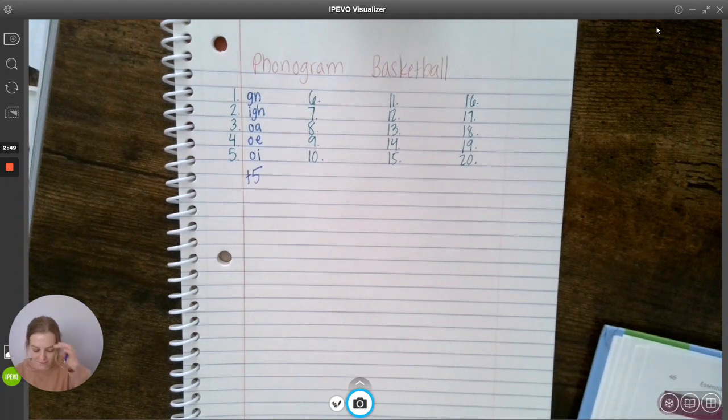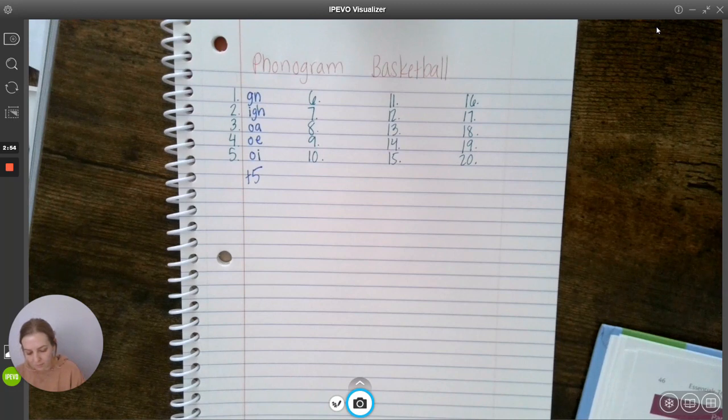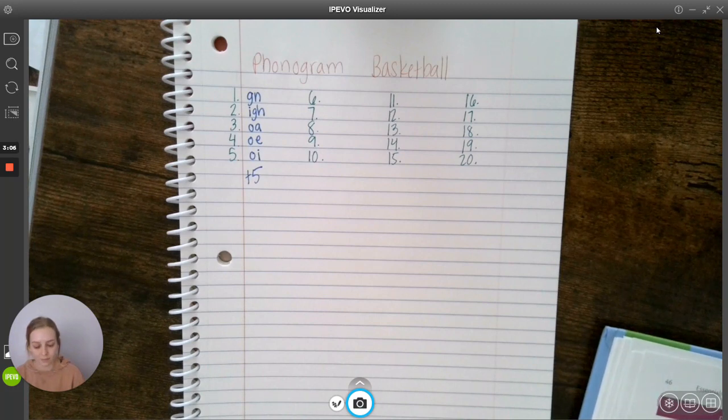All right, let's do the next 5. Number 6. Ow, o, that may be used at the end of English words. Number 7, ch, 3-letter ch. Number 8, oo, 2-letter oo, that may not be used at the end of English words.